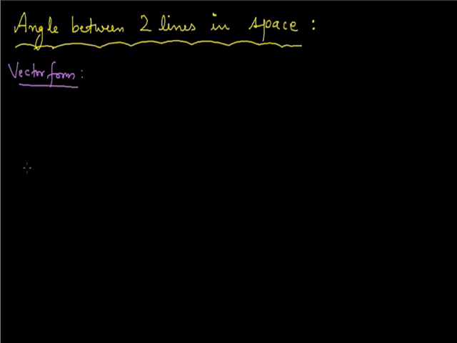Suppose we are given two lines. This is line L1 whose equation is given by r vector equals a1 vector plus lambda times b1 vector. This is the vector equation of the line L1.